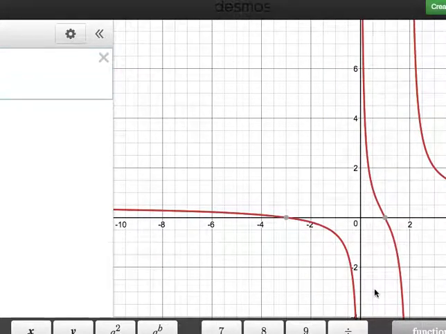Okay, so in this one you can see it does have two vertical asymptotes. You have one right there at what looks like x equals 0, and then another one right here at what looks like x equals 2, which really makes sense because if you factor out a 2x, you're left with x minus 2. And if you set this equal to 0, you'll get 0 and 2.